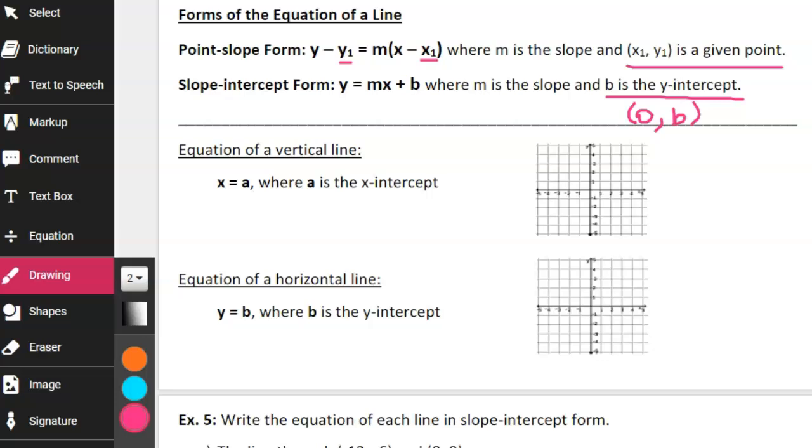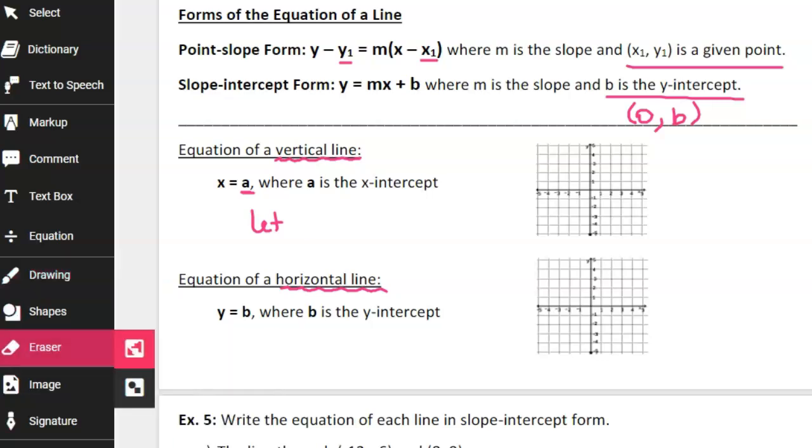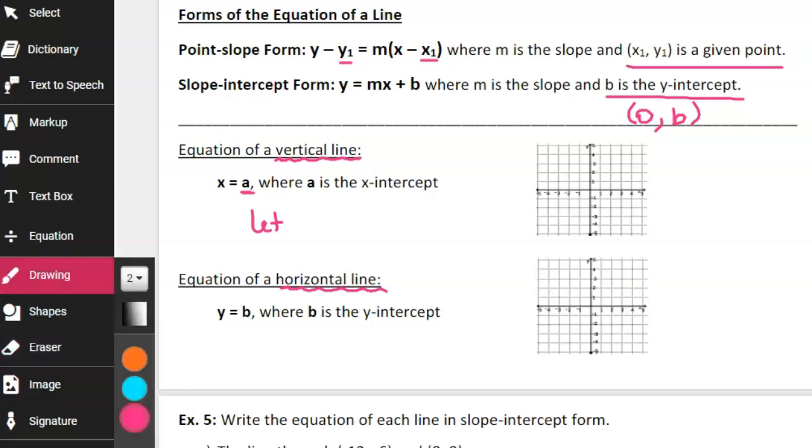It's also worth noting, if we're talking about equations of lines, that vertical lines and horizontal lines look a little bit different when it comes to their equations. Vertical lines have x equals some number, and that number is also the x-intercept. So if I'm talking about the vertical line, let's say a equal 2.